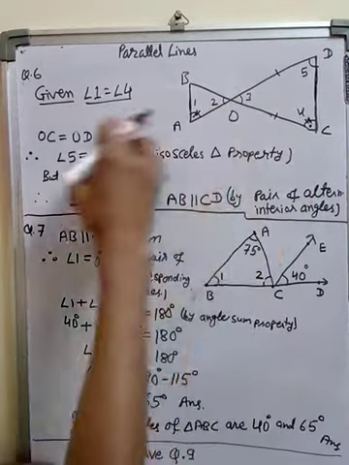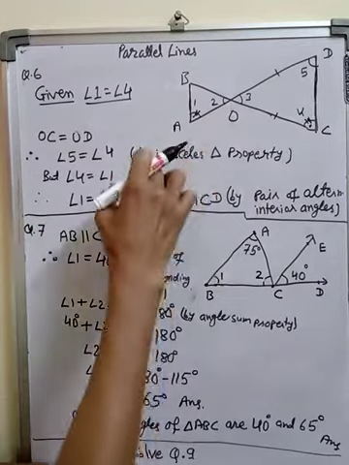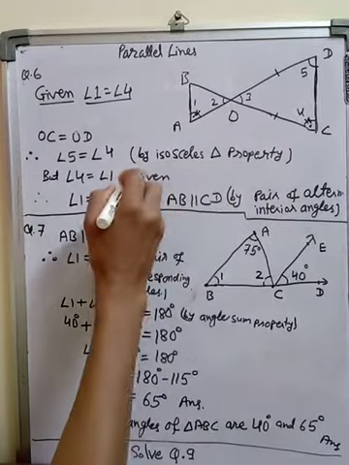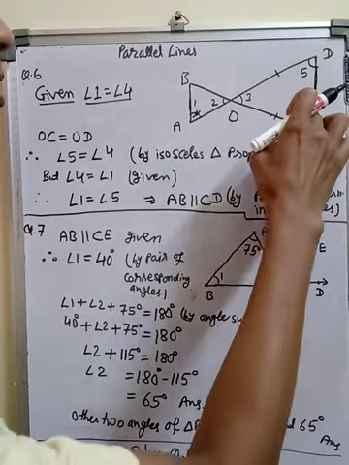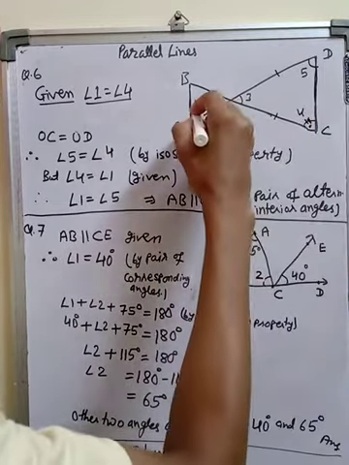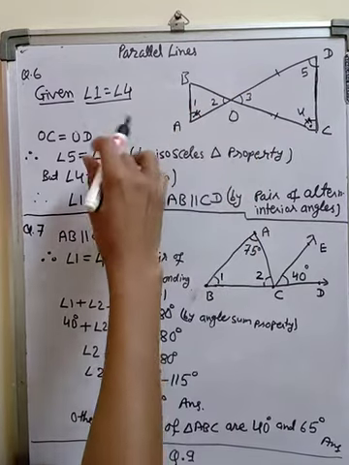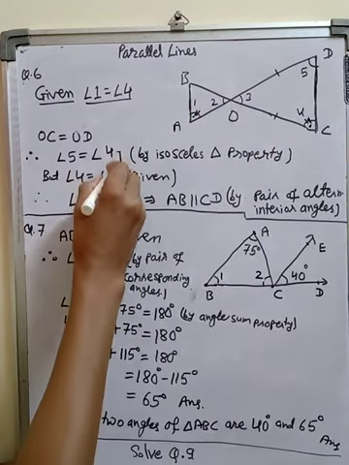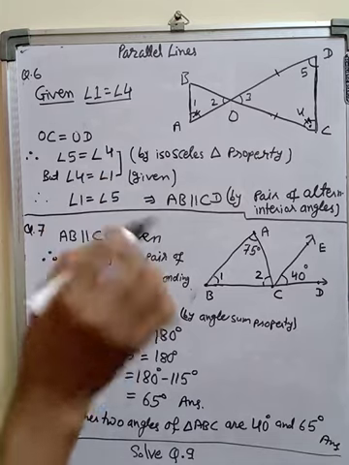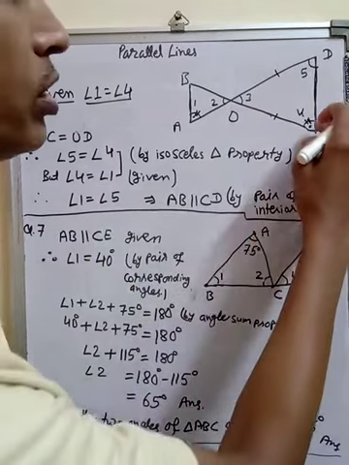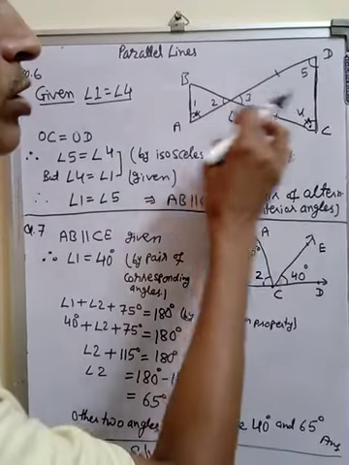Angle 5 is equal to angle 4 by the isosceles triangle property, and angle 4 is equal to angle 1. So now, with the help of these two, angle 1 is equal to angle 5, because once again you see 4 is equal to 5 but 1 is equal to 4.